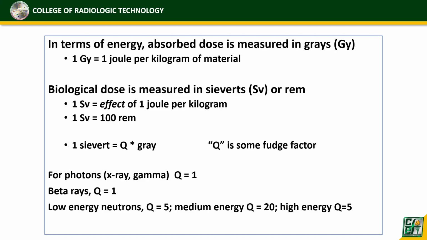So biological dose is measured in sievert or rem. Okay, so 1 sievert is equal to Q times gray.